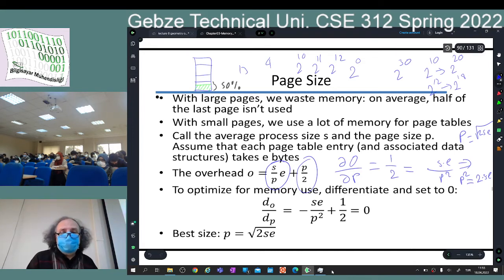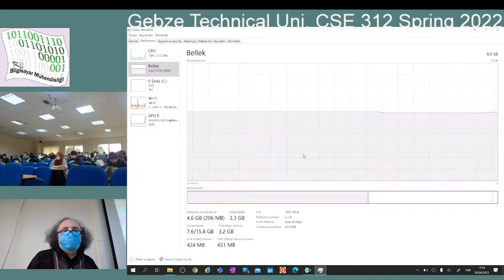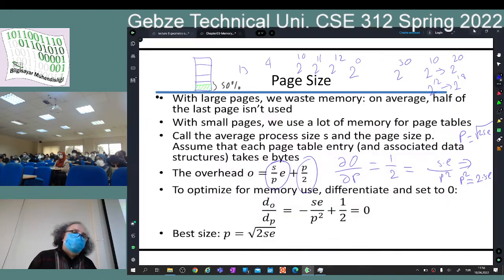Although this is not a simulation environment, this is the real environment, I have all these values. If things are not going right, I can change some of these parameters, but of course you can't change the page size on a running system. That would be too complicated.